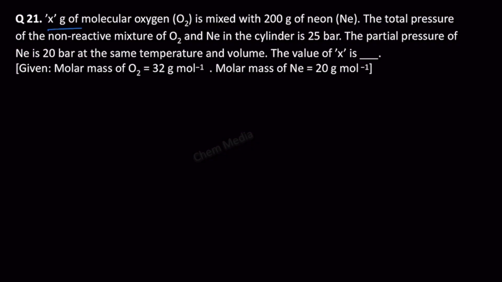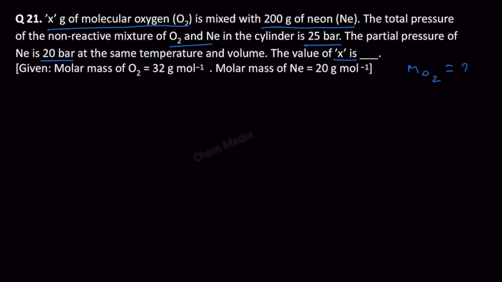X gram of molecular oxygen is mixed with 200 gram of neon. The total pressure of non-reactive mixture of O2 and neon in the cylinder is 25 bar. The partial pressure of neon is 20 bar at the same temperature and volume. What is the value of X? We need to find out the mass of O2 here.